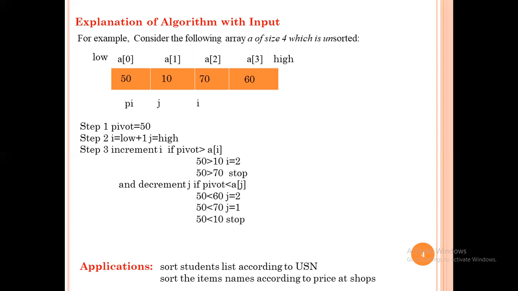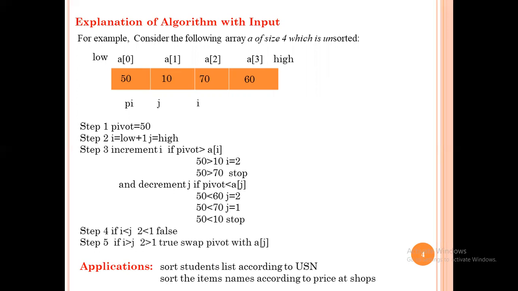Here 50 is less than 10. The condition is false, so stop the process. Next, step 4. If i is less than j, here i value is 2, j value is 1, 2 less than 1, condition false. So don't swap A of i with A of j.